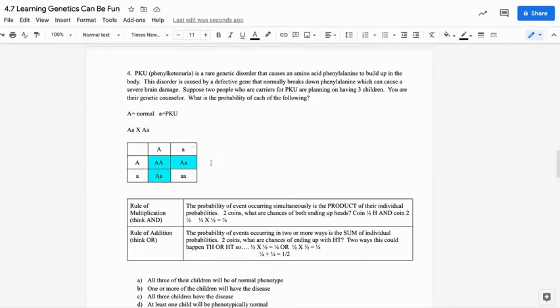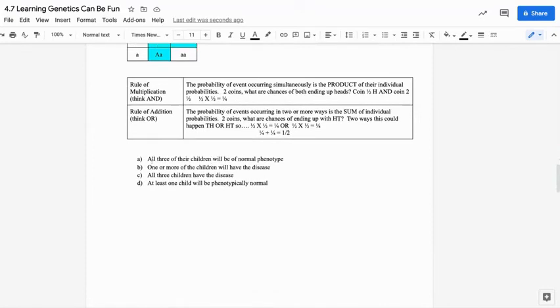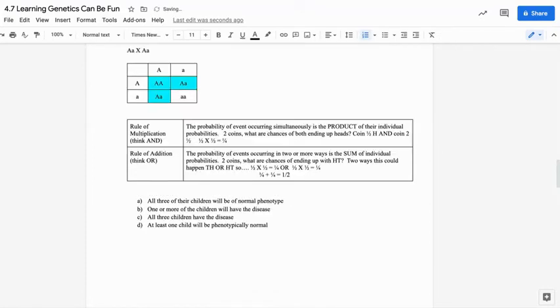Okay. So let's put this to this. I think it'll make more sense once we actually start looking at the problem. To address the first one, their first question: what are the chances that all 3 of their children will be of normal phenotype? Okay, so this is like my first and my second child and my third child are all normal.